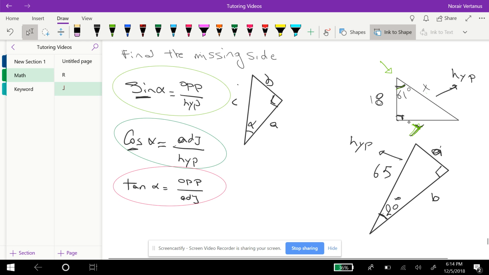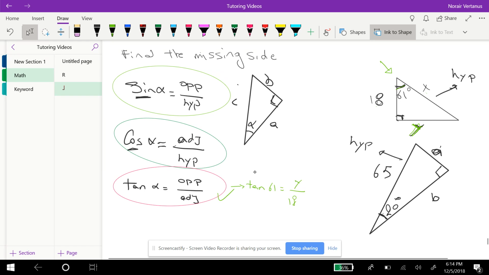You see I have the side opposite of 61, which I want to find, and I know the adjacent. So there is only opposite and adjacent involved. The one that involves opposite and adjacent is tangent, opposite over adjacent. So I can say tan of 61 is equal to y divided by 18.